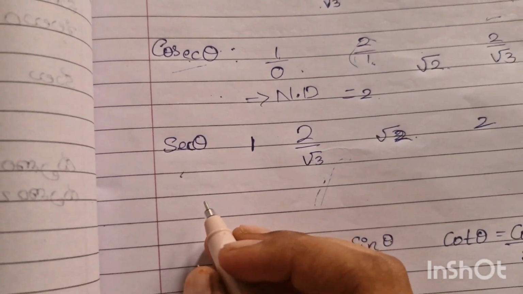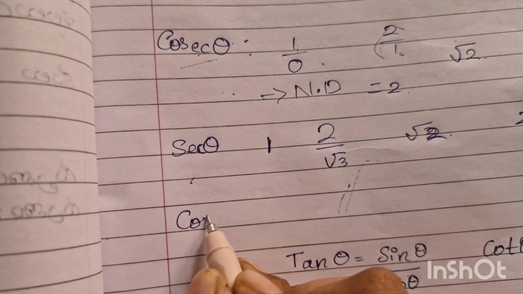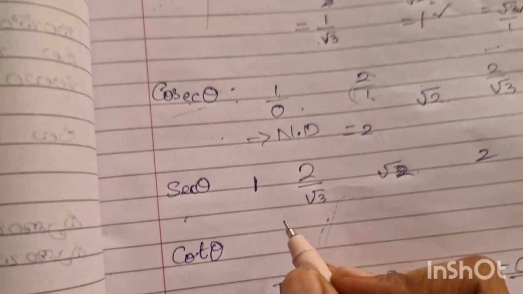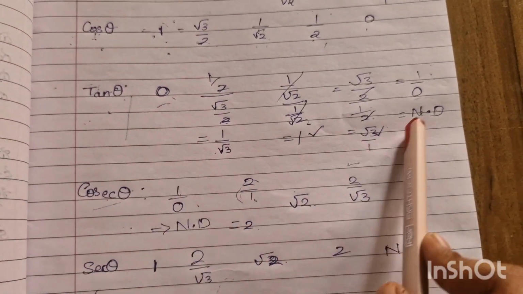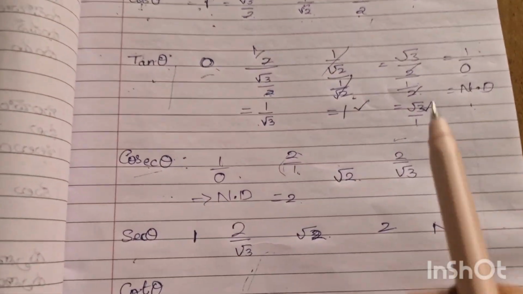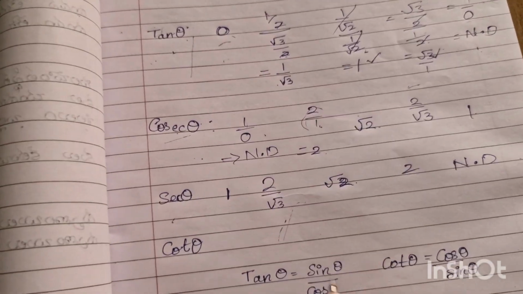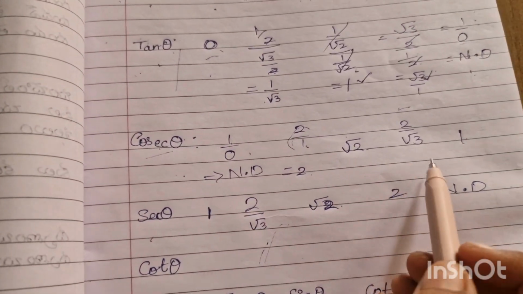The reciprocal of tan theta is cot theta. So we have to take the reciprocal of the whole tan theta to get cot theta. So the reciprocal of 0 is not defined, as I told you in the earlier case.